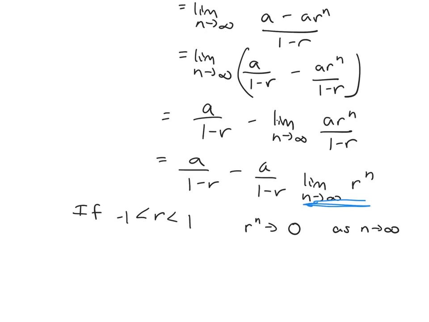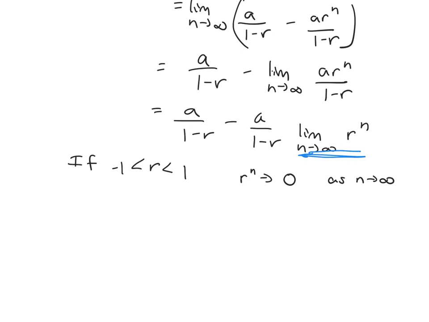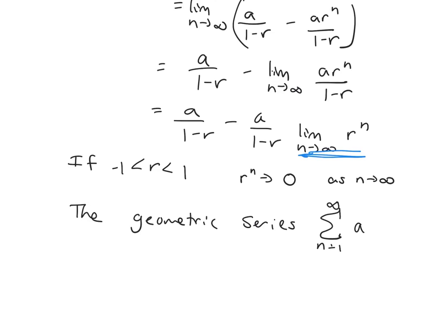So what this tells me is that my geometric series, let me sum this up as our overall statement. The geometric series sum of a r to the n minus 1 converges if the absolute value of r is less than 1.